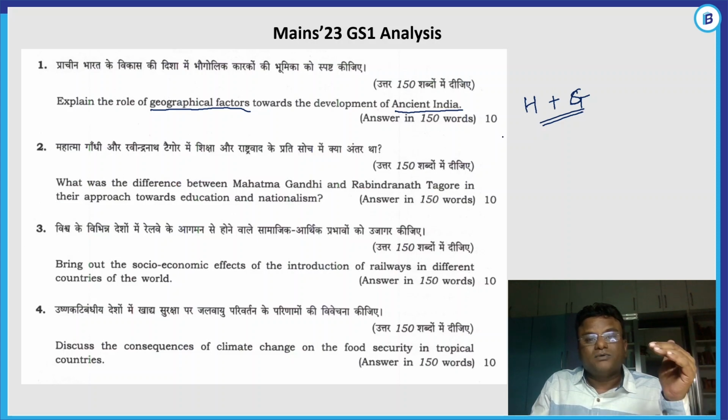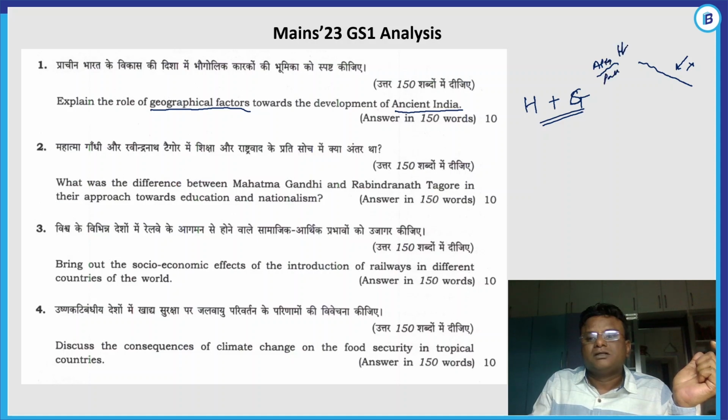It is about how the geographical factors of India affected the development of ancient India. Factors like the presence of Himalayas, so there were no invasions from this side. The presence of passes on the Afghanistan Pakistan border like Khyber Pass, that was the primary entrance for anyone to come in, and that's why this geographical feature played an important role.